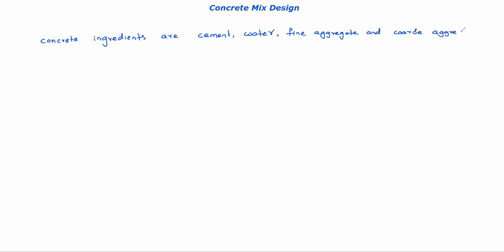So generally these are the ingredients. Sometimes we may use some admixtures to increase the workability and all. So mix design means here we need to fix the proportions of these ingredients.